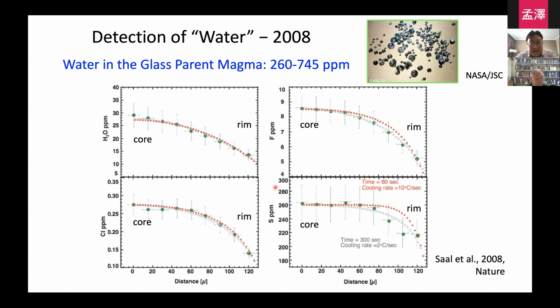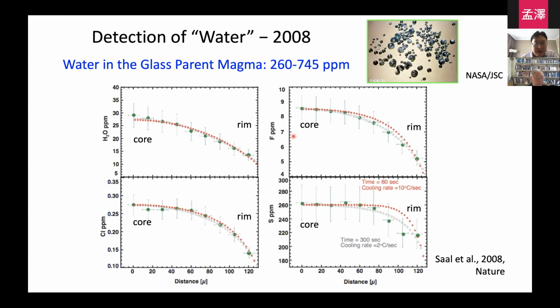Here is a figure from their paper, which shows that in one glass bead, the core contains high water content and also other volatile elements than the rim.